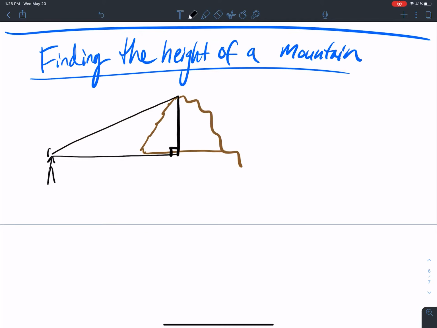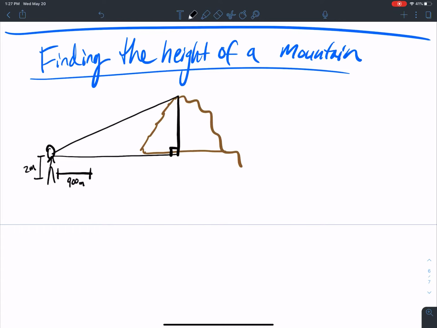So we've got one view right here. And maybe the height of the person is 2 meters. And then they walk 900 meters.